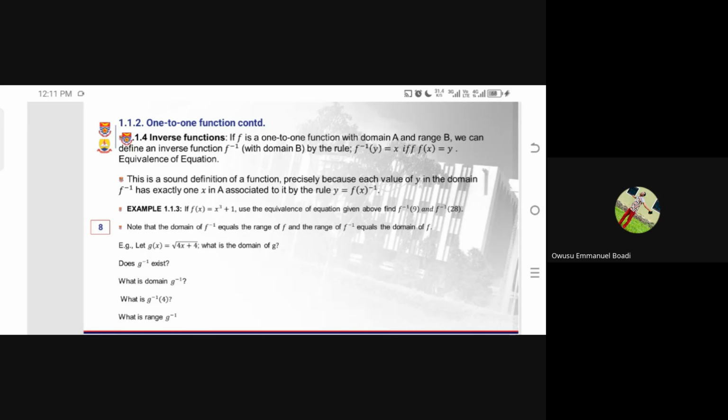If you have any number greater than or equal to 0 and you put it in g of x, it is going to be defined. But if you have anything less than 0, it won't be defined. That is why we use that inequality to symbolize that whenever there is a square root, we won't have any negative values. So we are looking at it from the positive side. Please, is it okay?